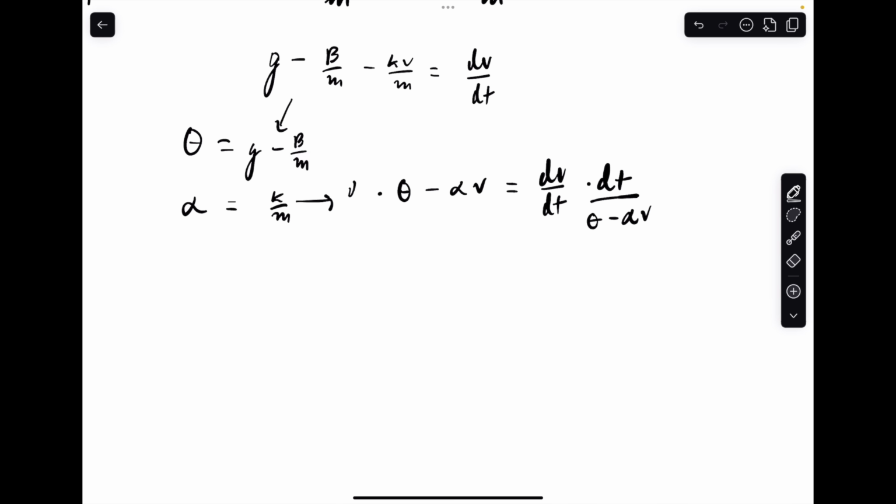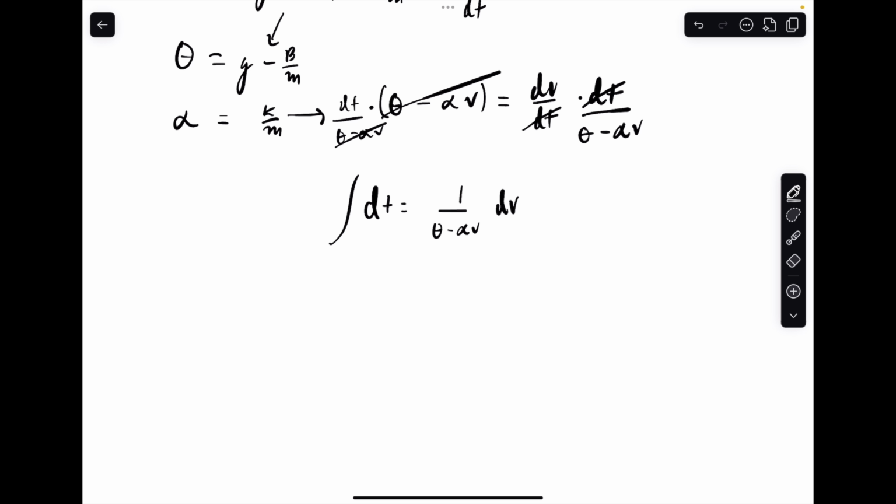The theta minus alpha v will cancel here, dt will cancel here, and suddenly I get the differential equation dv over theta minus alpha v is equal to dt.